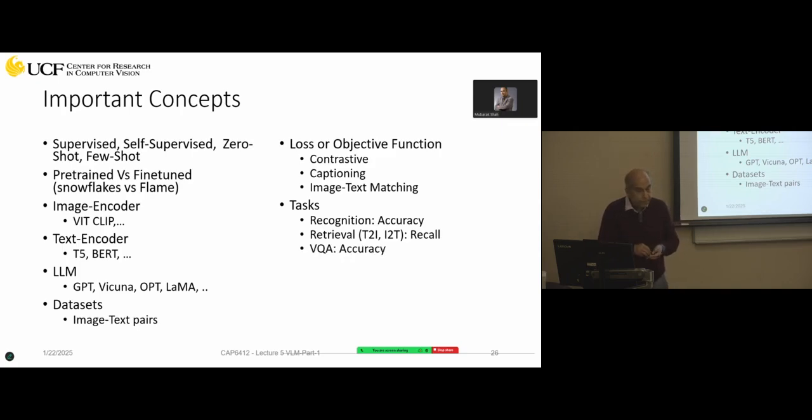VQA, visual question answering: you have a question and a ground truth. You look at the answer from the system, compare with the ground truth answer and look at how many times it's correct. So that is called accuracy. Then the other thing, you match two text strings, and there are different metrics, BLEU and so on. So that's the other way.